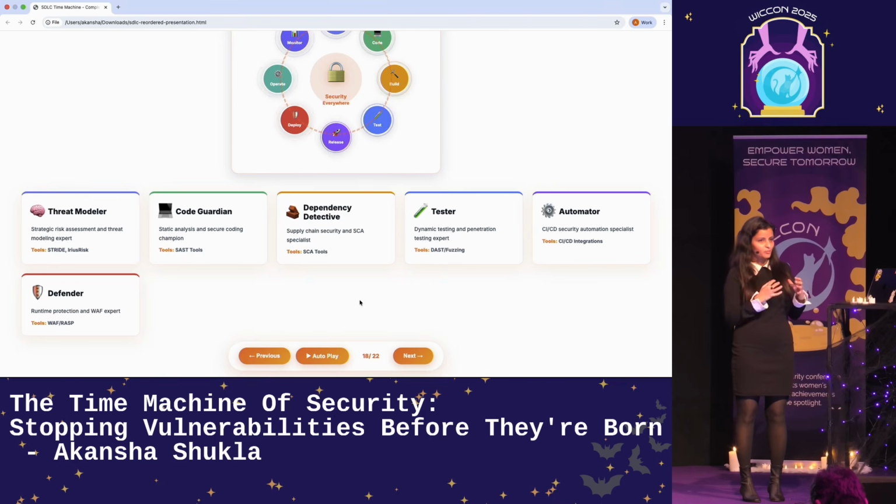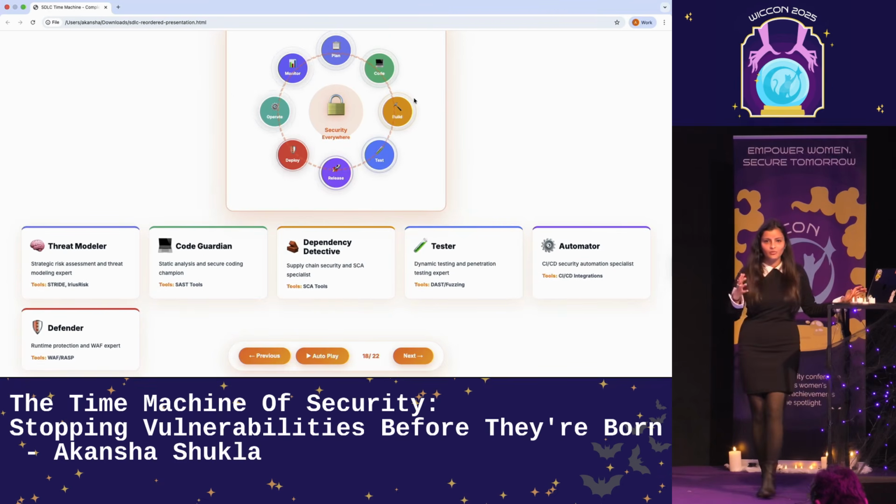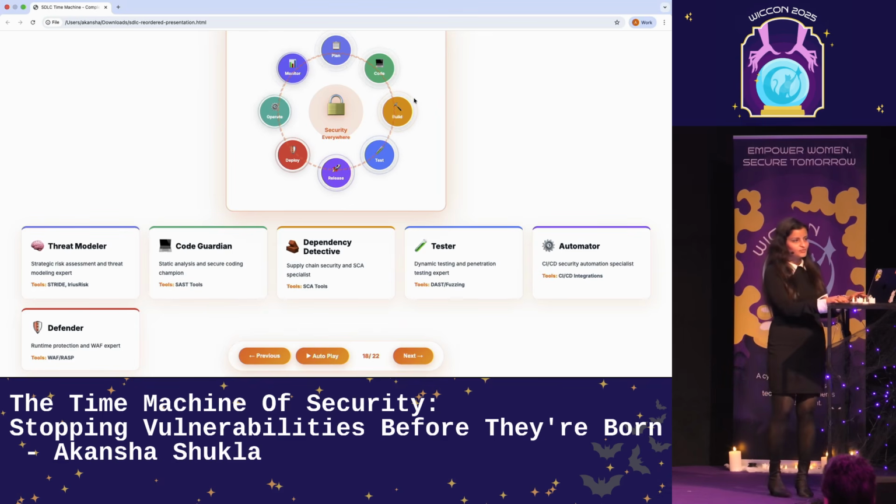They have separate powers, but they are working as one team. Then only DevSecOps will happen. So security everywhere, but how it is happening, you can imagine. Every professional brings different valuable expertise to the table, and if they all are combined together, that's how DevSecOps comes into the picture.